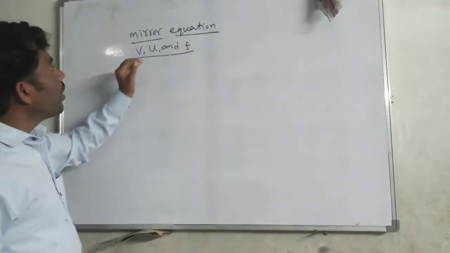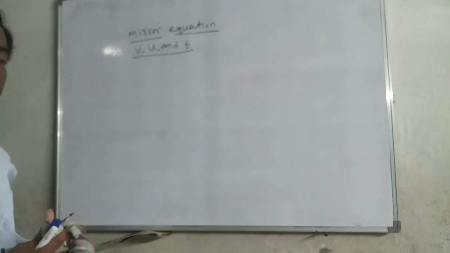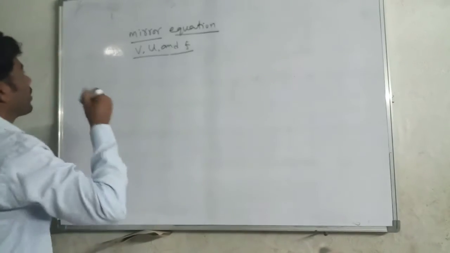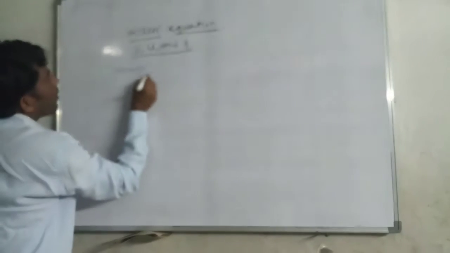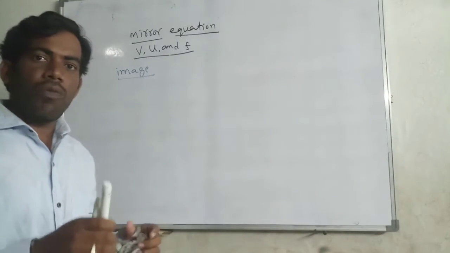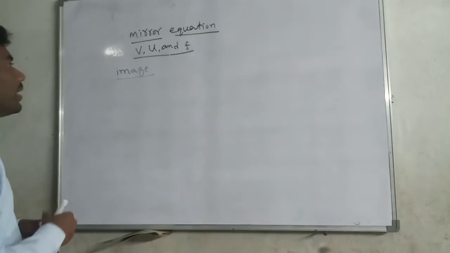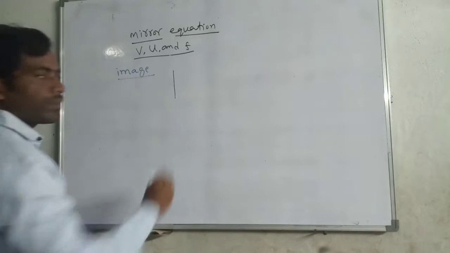Okay, before going to this, you have to learn about something first. The first one is the image. First of all, what is an image? Suppose I take a line.